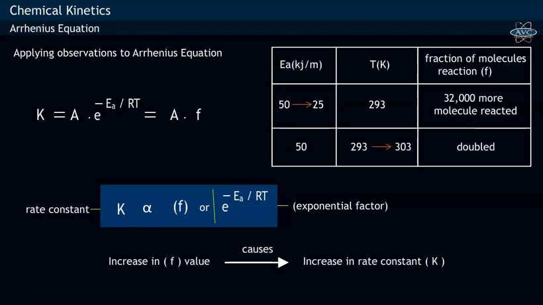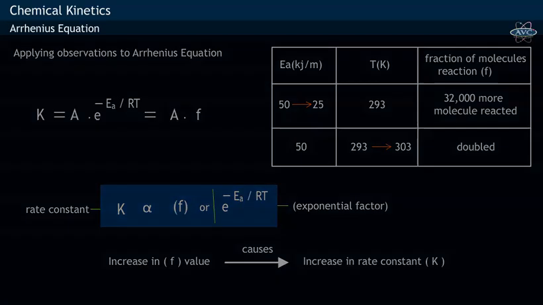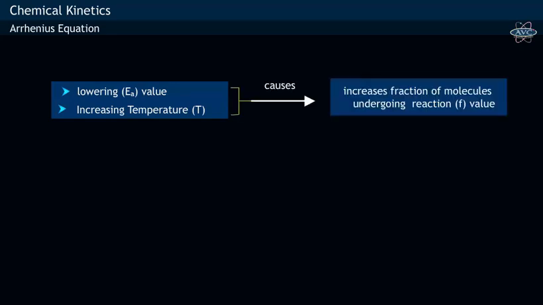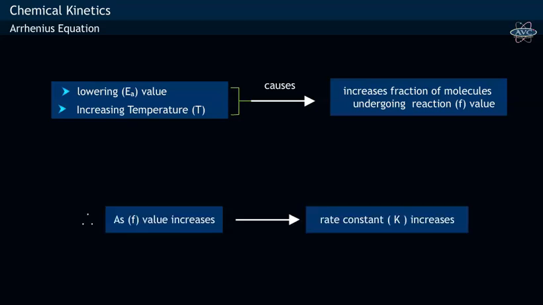That is, the rate constant increases with the increase in the f value. By lowering the activation energy value and increasing the absolute temperature value, the f value increases. That is, the fraction of molecules which are reacting increases. Thereby, the rate constant value increases.